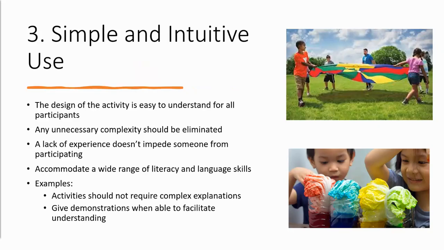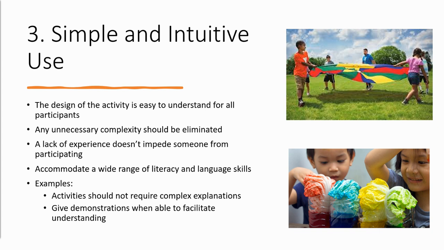The third principle is simple and intuitive use, in which the design of the activity is easy to understand for all participants. Any unnecessary complexity doesn't exist. A lack of experience doesn't impede someone from participating, and it accommodates a wide range of literacy and language skills.